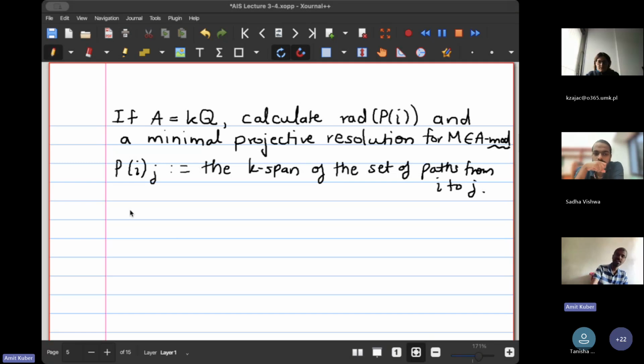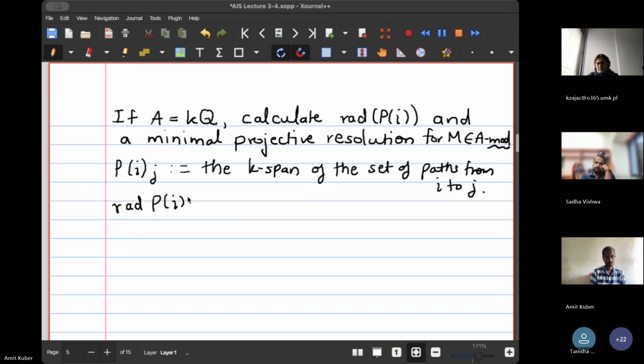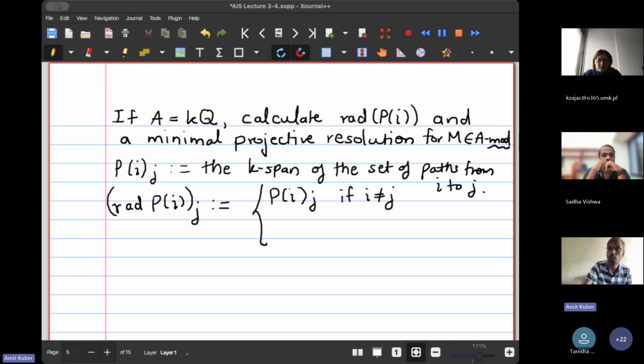Now, what is the radical? Sorry, we only discussed the radical of the algebra. We did not discuss the radical of the projective module. So the radical of the projective module Pi, evaluated at j, will be the same as Pij if i is not equal to j, and we just have to remove the top.